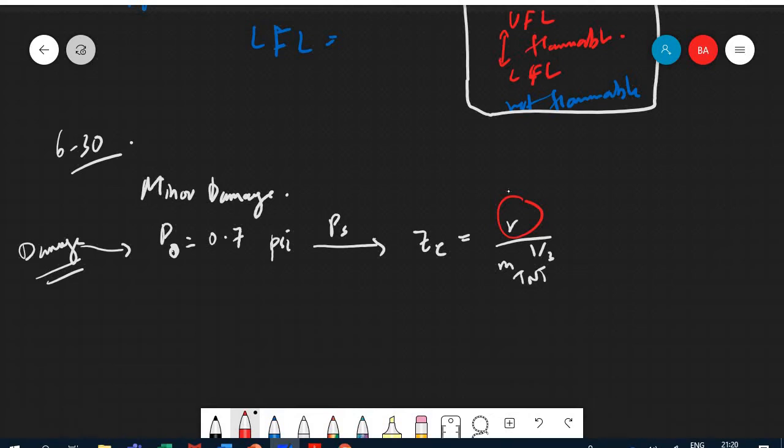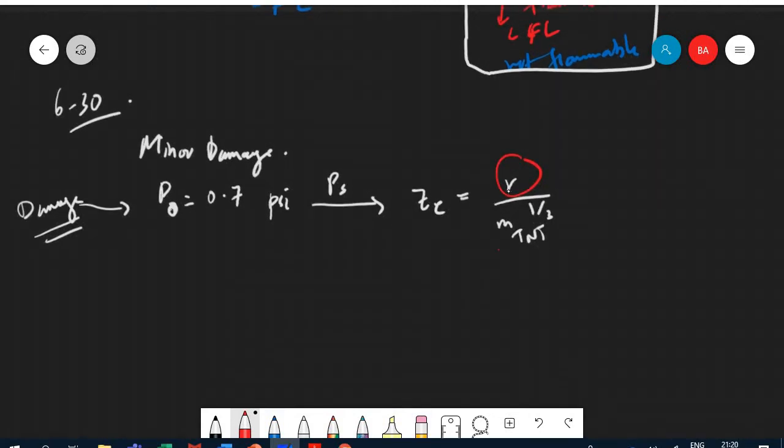Well, this is MTNT. Do I have MTNT, or do I have the other M, which is the mass of propane? Which means that I need to work on the equation which says that the mass TNT times E TNT is equal to nu times the mass of propane, in this case, times the delta heat of combustion, or the energy of explosion for propane, which is already given to me.